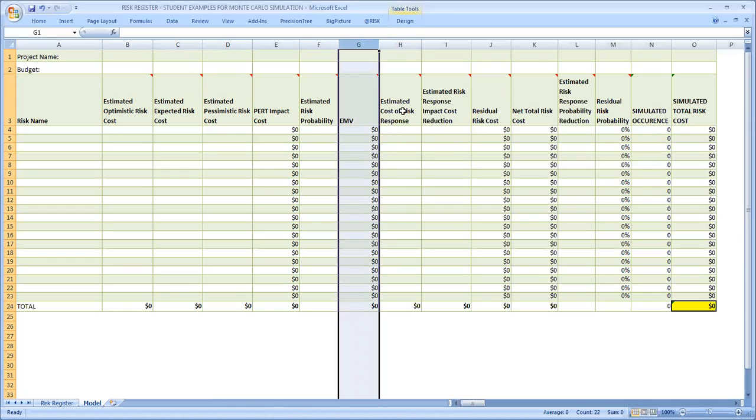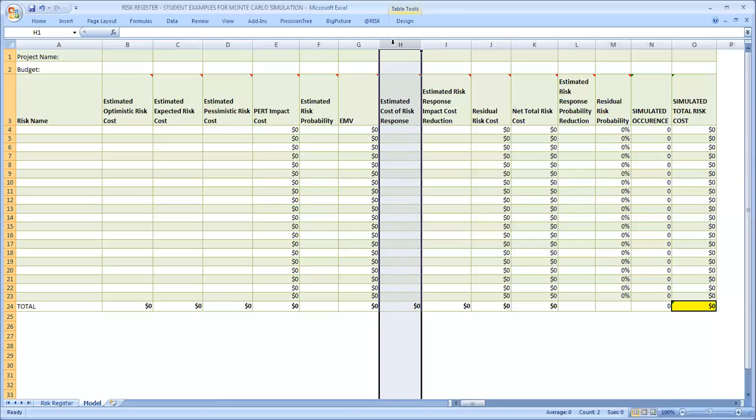Now, column H, here we have another deterministic single point estimate, which is just an estimate of the cost of the risk response. And sometimes that is a very easy cost to be able to determine. For example, purchasing insurance is a deterministic number. It is a deterministic value.